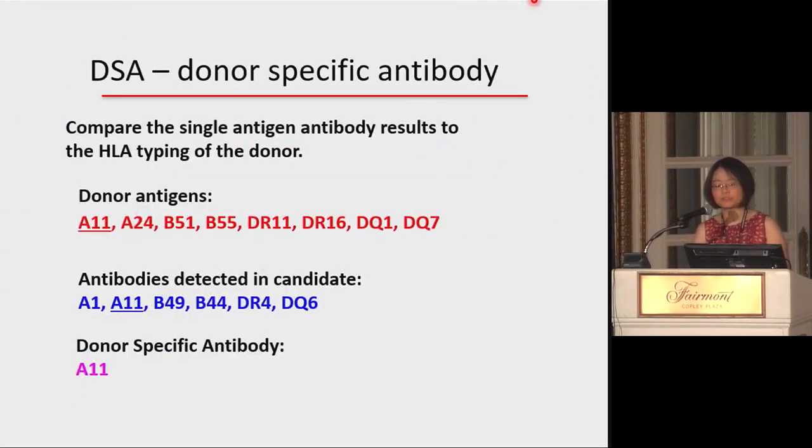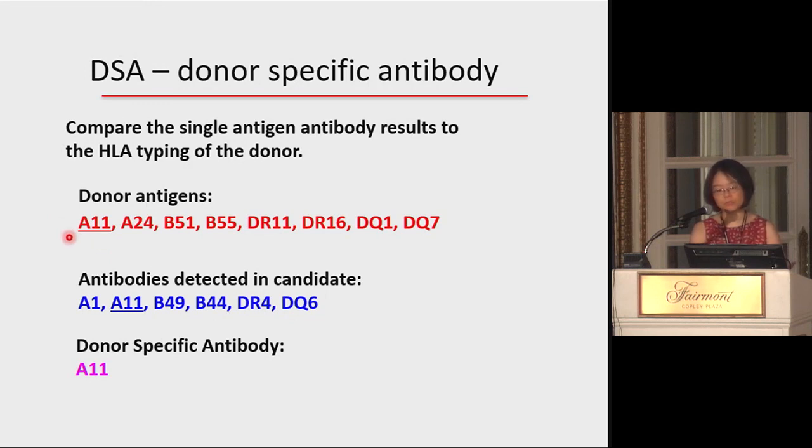So what do I mean by donor-specific antibody? Simplistically thinking, you need to type your donor and figure out what their antigens are. You look at your candidate serum, and these are the 6 anti-HLA antibodies that they have. As you can see, the only anti-HLA antibody that appears to be a donor antigen is A11.